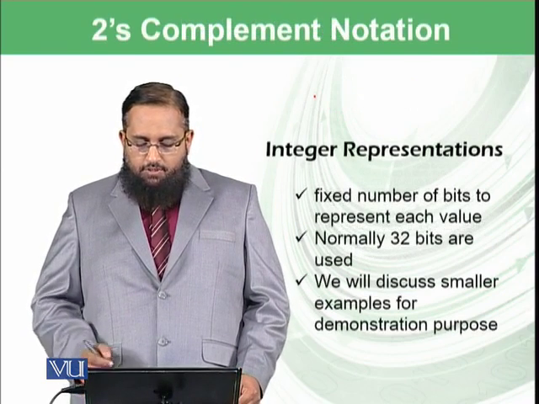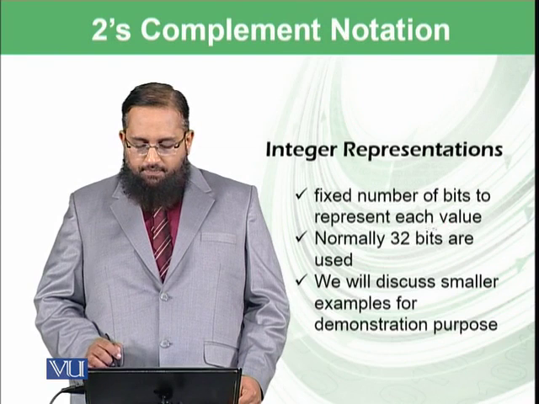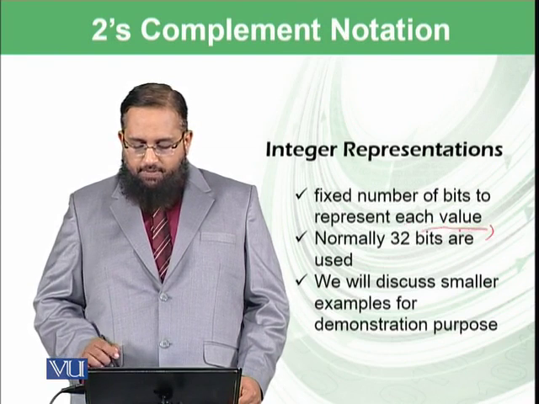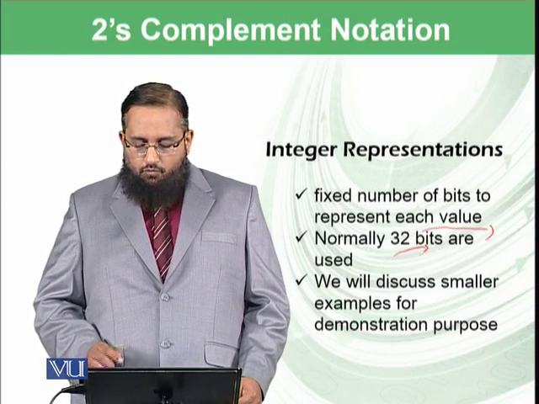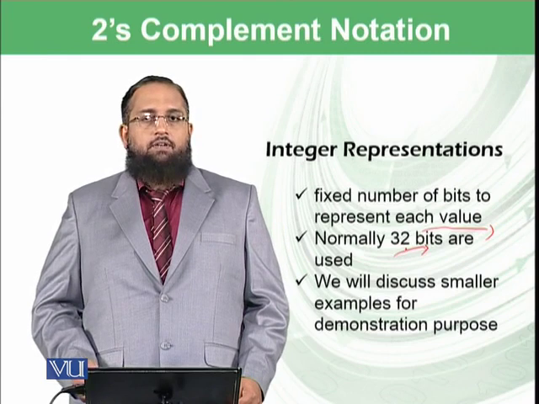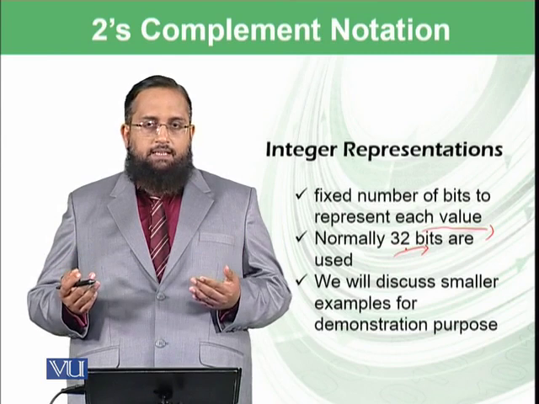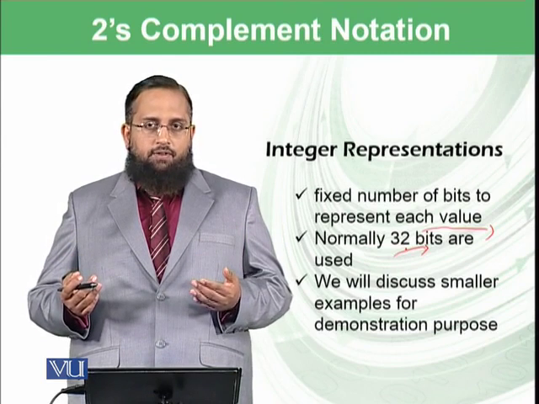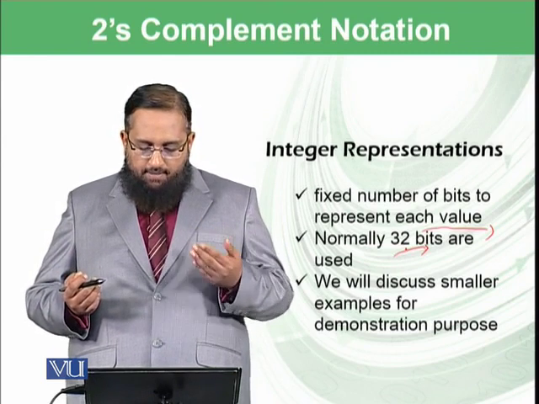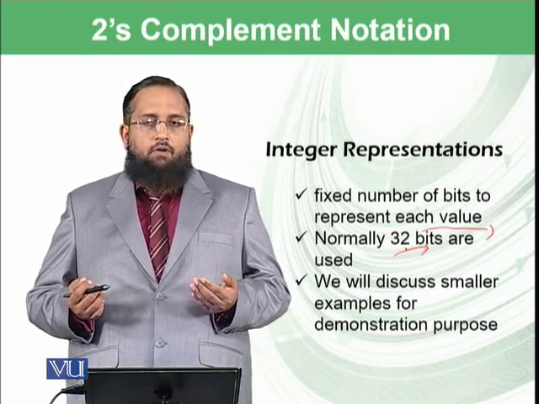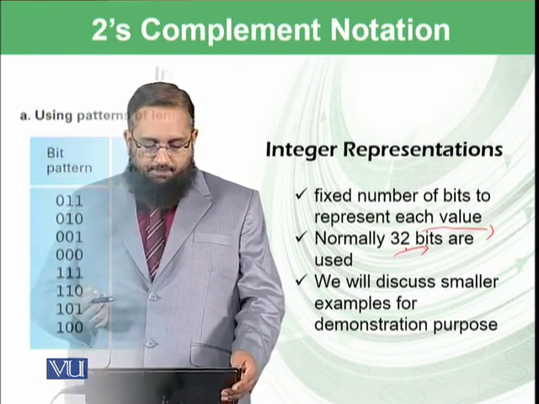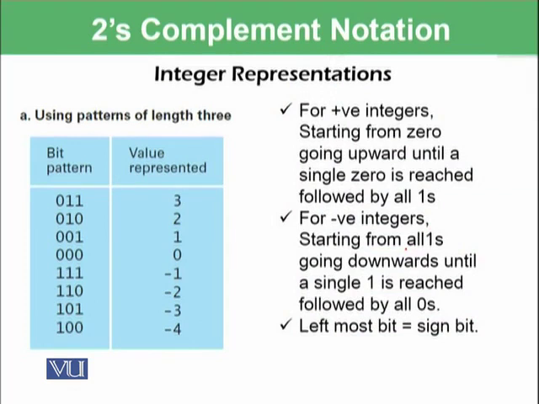Today's computers use a fixed number of bits to represent each value, and normally they use 32 bits. However, demonstrating 32 bits in this module would be very difficult, so we will discuss a smaller example for demonstration purposes. Let's see one example using a 3-bit pattern.